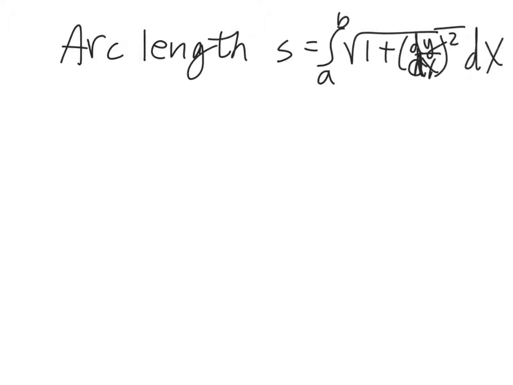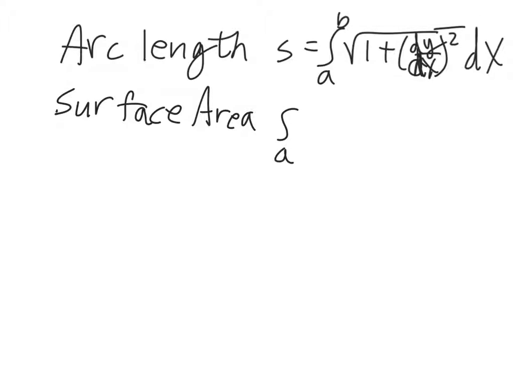So arc length would be this, and the surface area, well, it's the circumference times the arc length essentially, and that's going to be, still from A to B, 2 pi times the radius times ds.